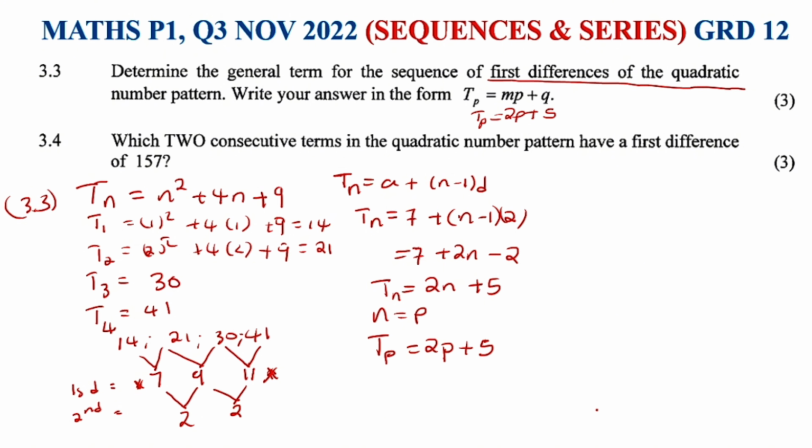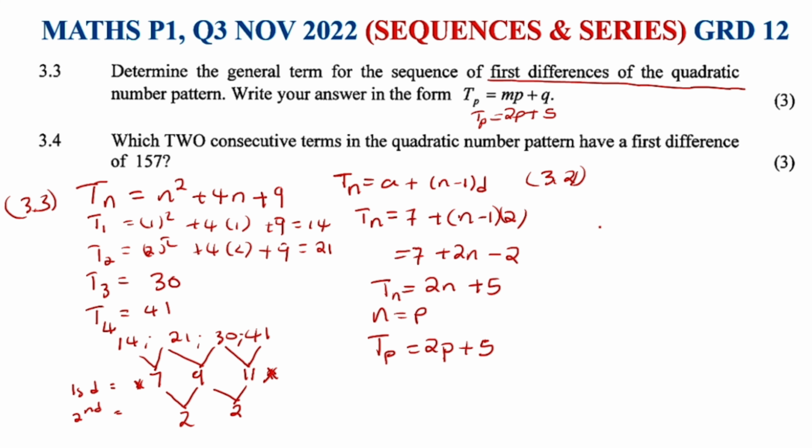Okay, all right. So now let's come here to question 3.4. They said which two consecutive terms in the quadratic number pattern have a first difference of 157.